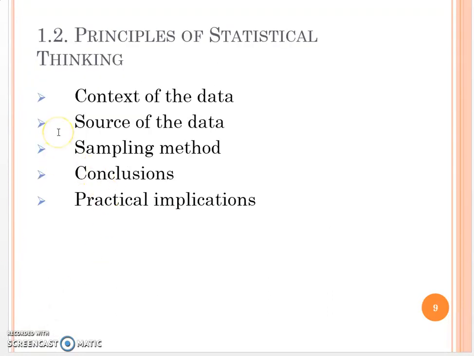Next, we're going to talk about some of the principles of statistical thinking. They include context, source of the data, sampling method, conclusions, and the practical implication.